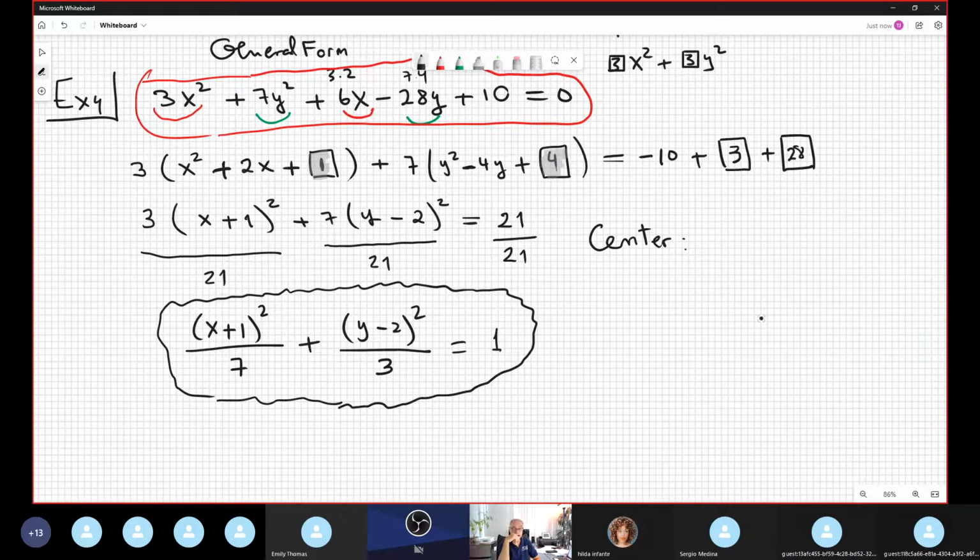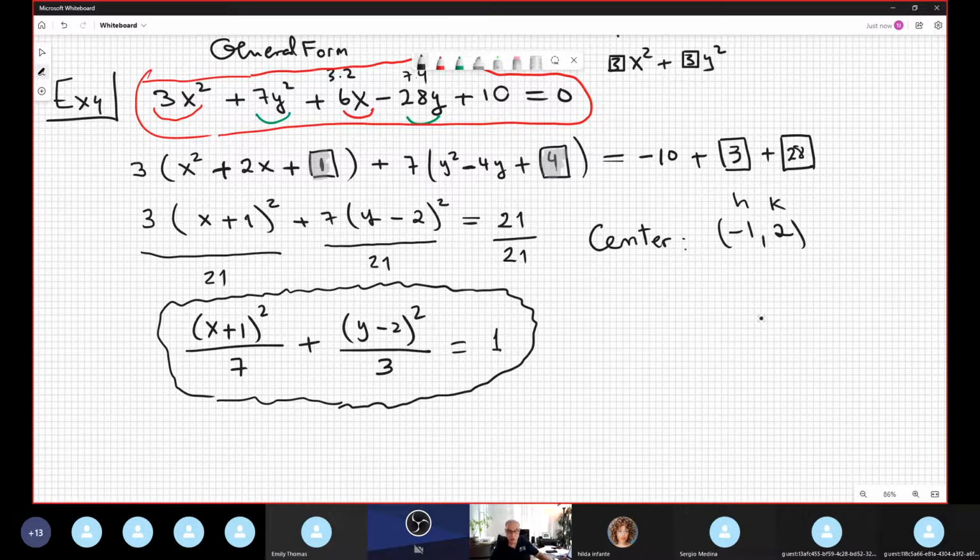Are you sleeping or are you awake? Okay, where is my question? It is -1, 2. Is everyone in agreement or disagreement with this idea? -1, 2. Remember, it's h and k. Remember, opposite sign in the equation to the point. Opposite.